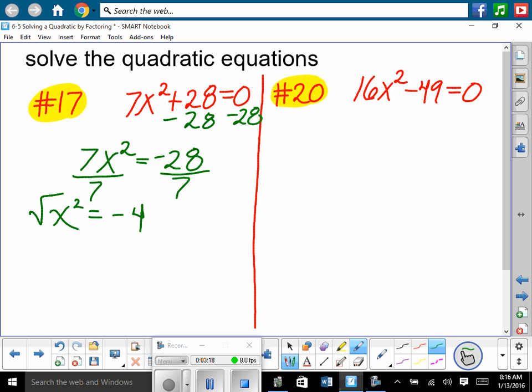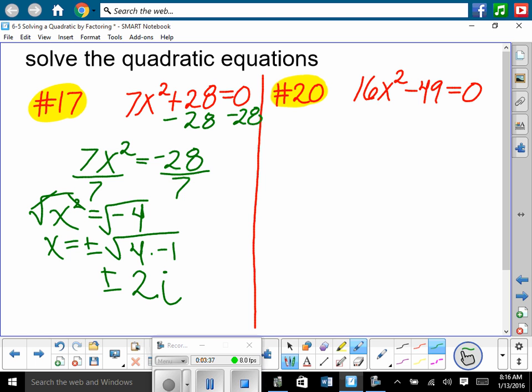Then we took the square root of both sides of the equation. So our root cancels out with the power. We get x is equal to plus and minus the square root of negative 4. We rewrote this as the square root of 4 times negative 1. What's the square root of 4? 2. What's the square root of negative 1? i. So we got x is equal to plus and minus 2i. So those were our 2 solutions.